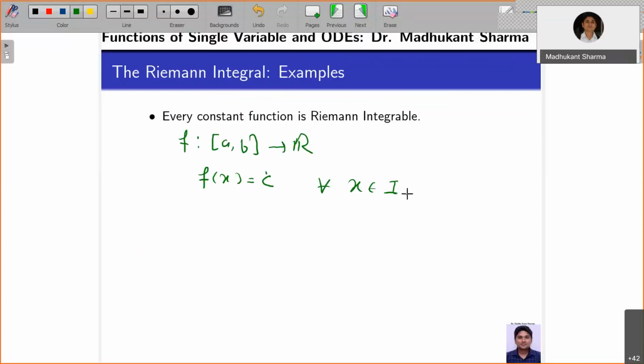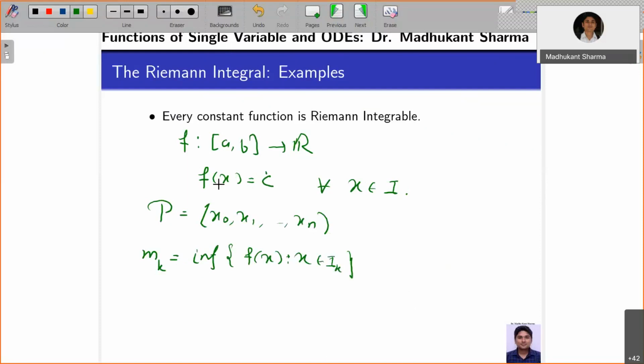Then you can certainly find out what L(f,P) is. If you take any partition P, say x0, x1 and so on up to xn, then small mk is going to be the infimum of f of x such that x belongs to Ik.